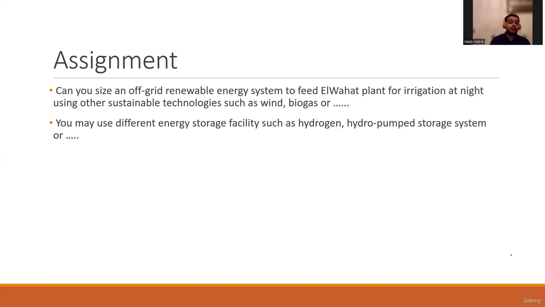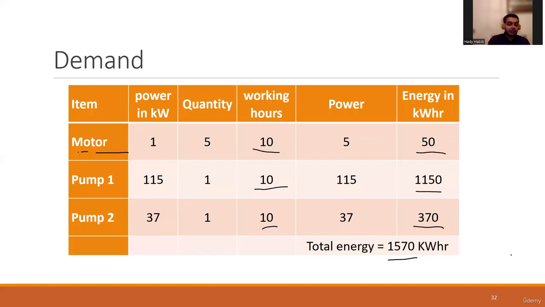Even if you assume that we are in a marine location, you can use waves or tides with the batteries, and feel free to use whatever you like, but try to size for an off-grid 100% renewable energy system to irrigate at night such demand. So you need 1570 kilowatt hour.